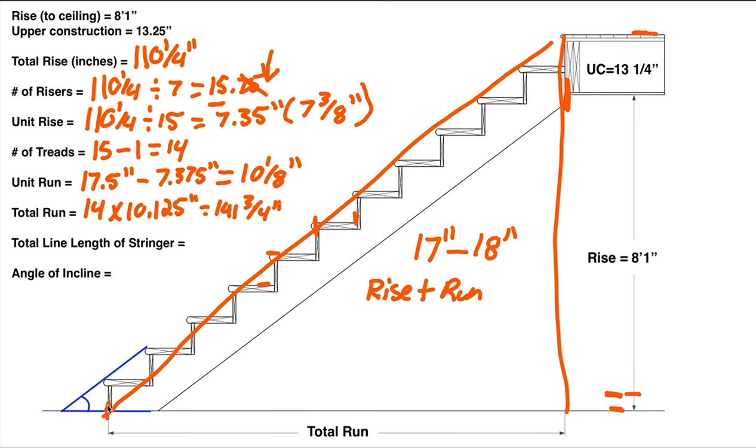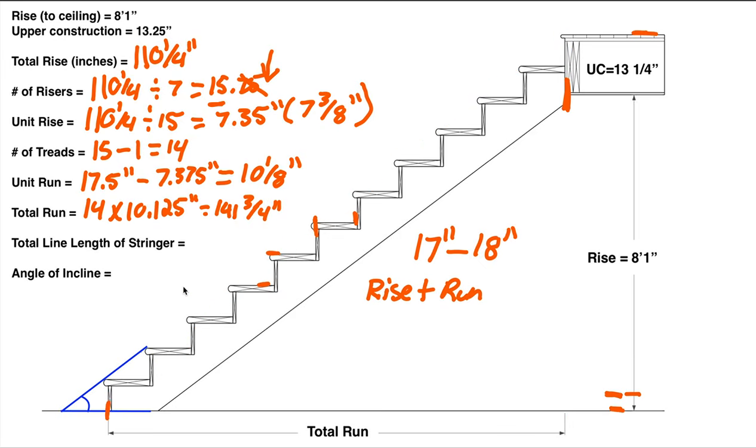It would actually stop here at our total run because you're going to use your total run number. So you can see that the angle doesn't work out. When we actually calculate it, it's actually going to come out to here. Yes, there's going to be waste with our stringer, but in order for you to get the full size cut here at the bottom and everything at the top, we'll need to do something a little bit different.